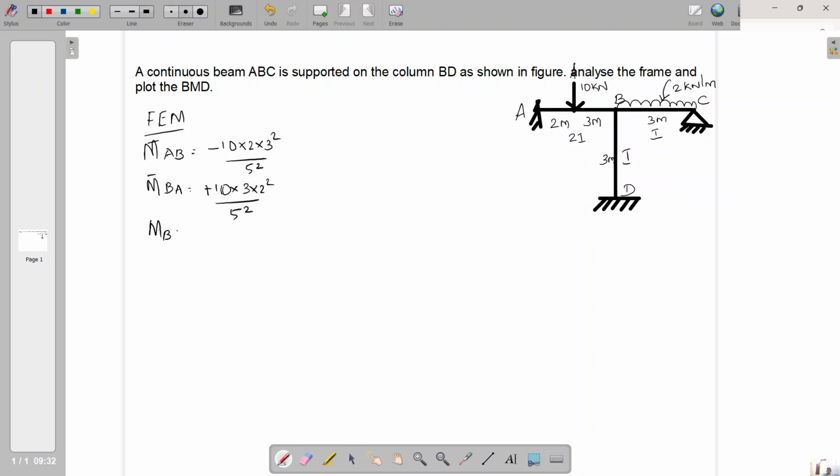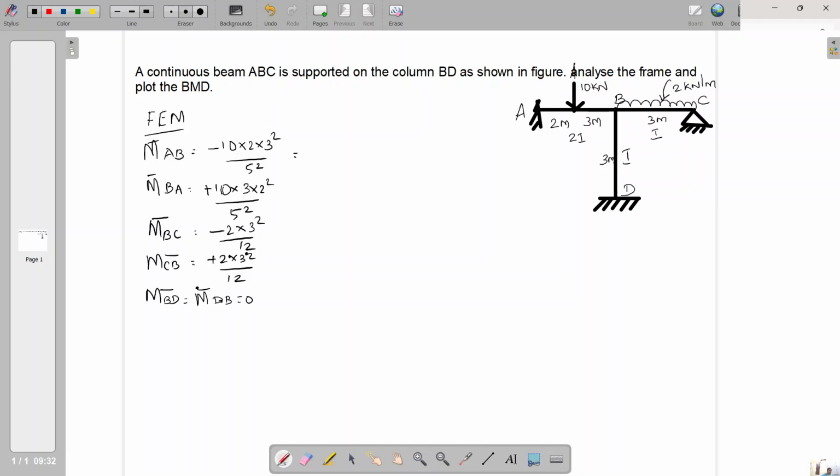Next one, M bar BC, minus 2 into 3 square by 12, and M bar CB, plus 2 into 3 square by 12, and M bar BD as well as M bar DB are equal to 0 because there is no load in the particular span.